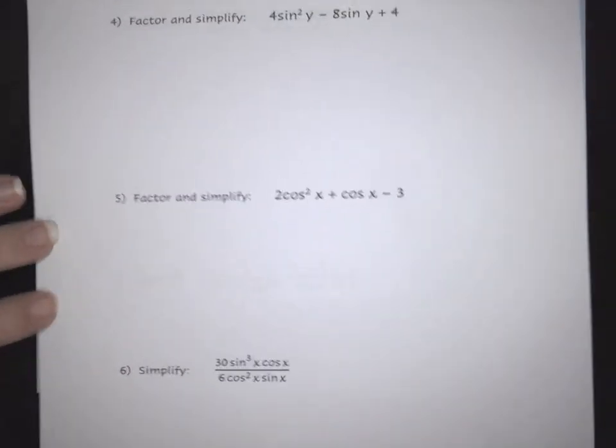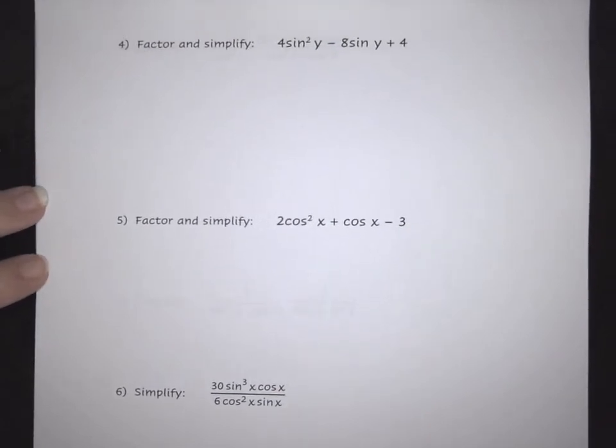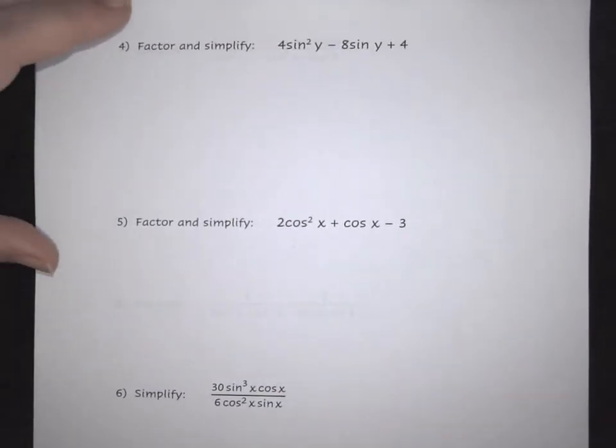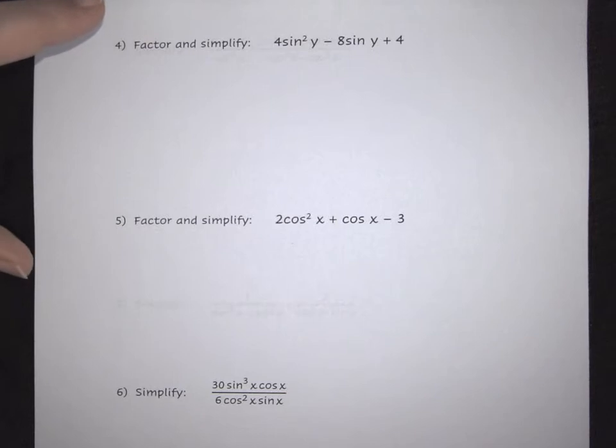Alright, let's look at another one here. So in this case, we want to factor and simplify. One of the things that you can do when trying to factor is rewrite your equation in terms of x and y.